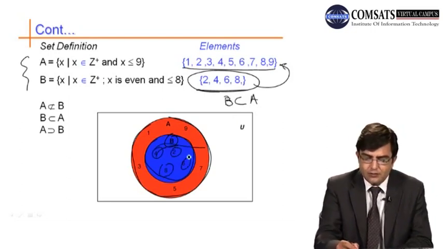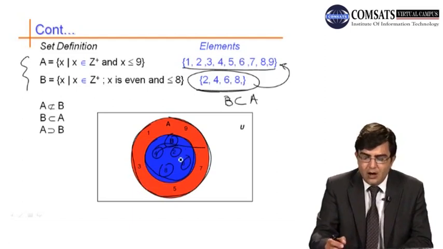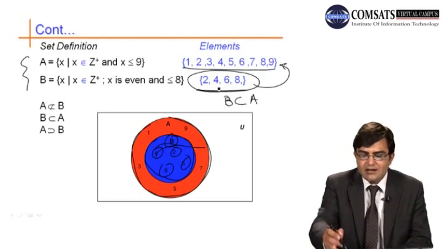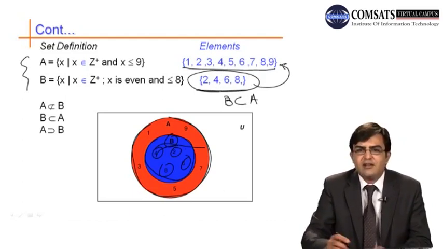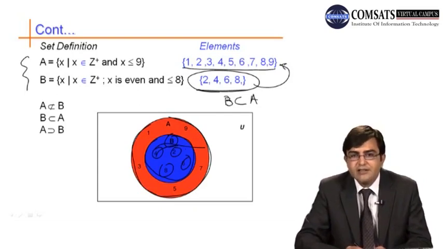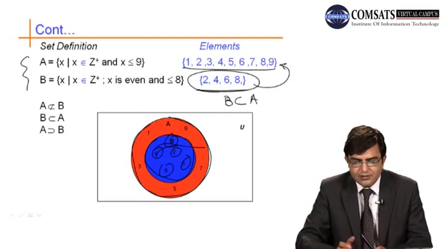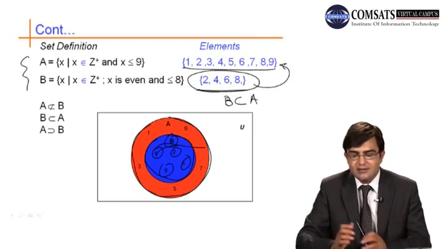Outside of B we write those elements which are in A but not in B: 1, 3, 5, 7, 9. We can write these anywhere in A but not in the circle of B. So this is how we can construct the Venn diagram in which one set contains the other set.